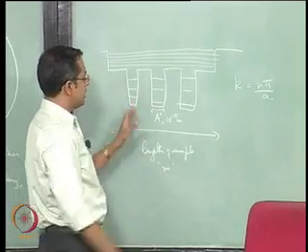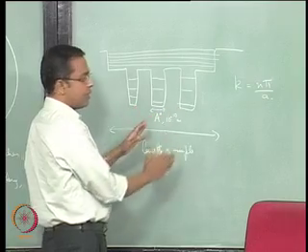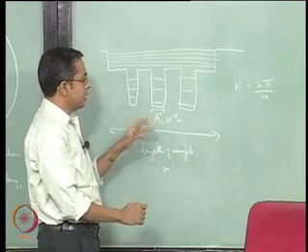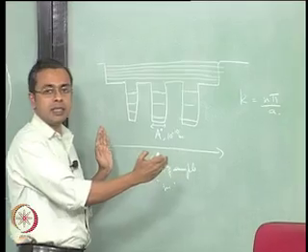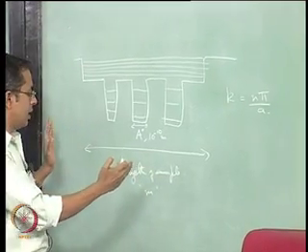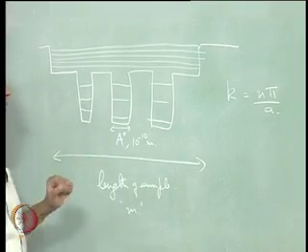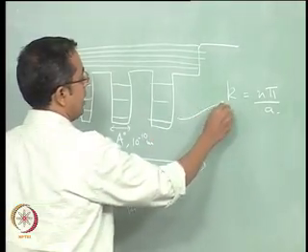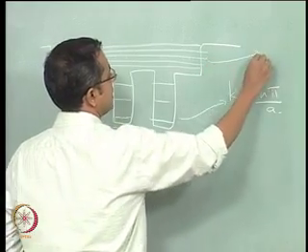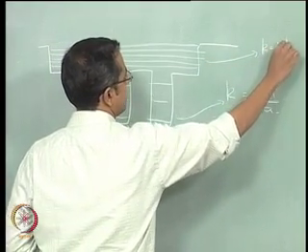In both cases the allowed wave vectors are n pi by the extent of the length in that particular direction. So in this case k is n pi by a, and in this case k is n pi by L.